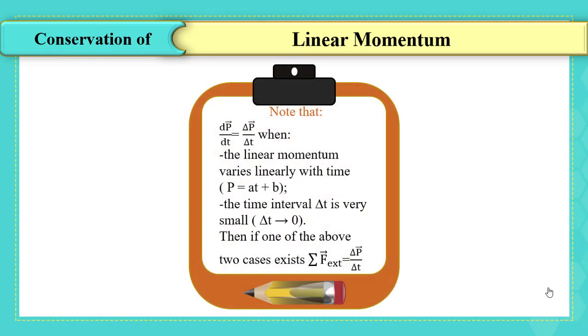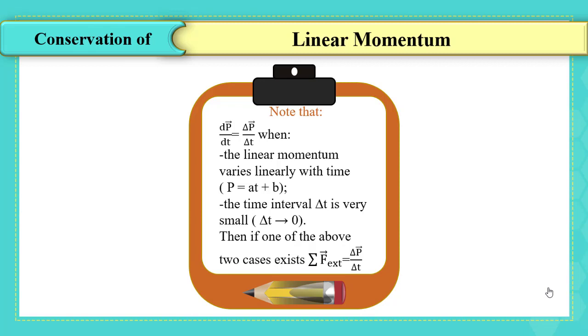Note that we say that dP vector by dt equals delta P vector by delta t when the linear momentum varies linearly with time, where P equals At plus B. If we derive it, we have the constant A, and if we take the variation delta P by delta t, it will be the slope of this equation.